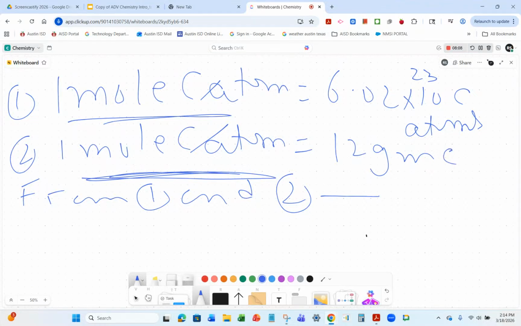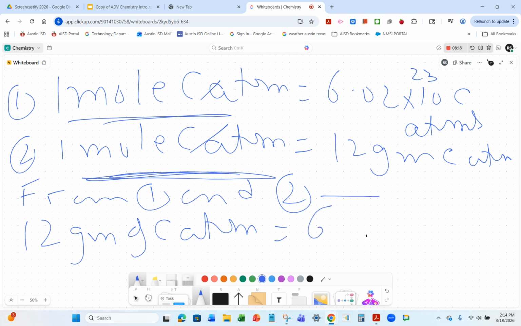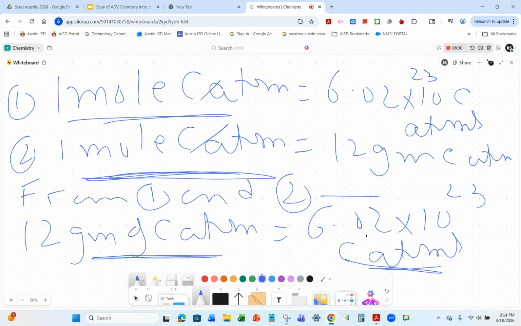We can write 12 grams of carbon atom is equal to 6.02 times 10 raised to the power 23 carbon atoms. You can see I connected mass with the number. This is our third known information.